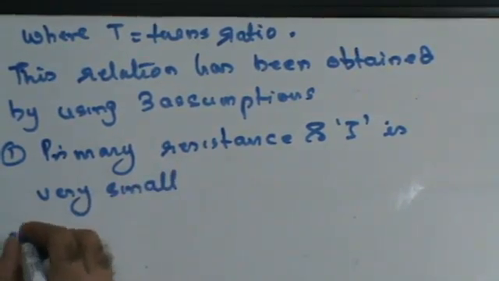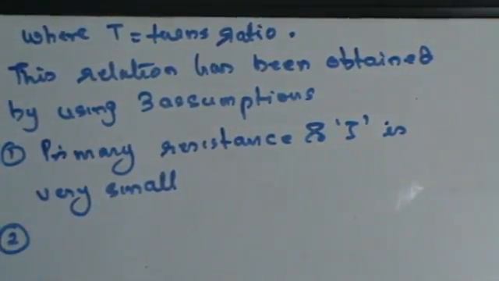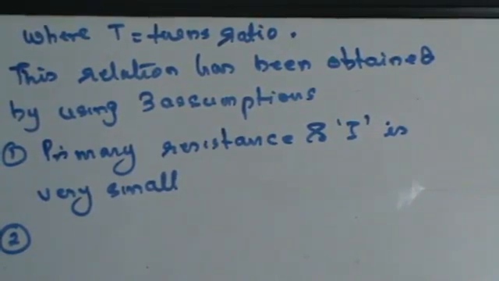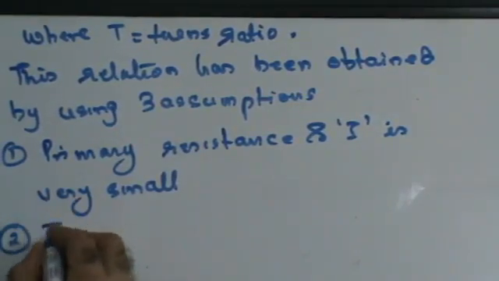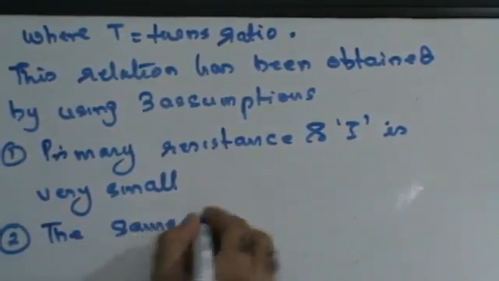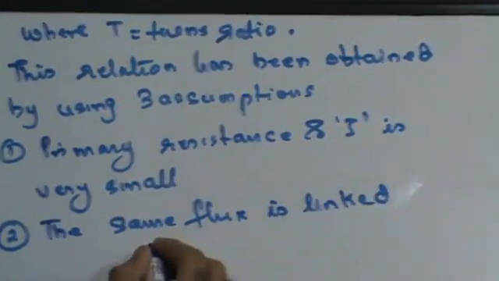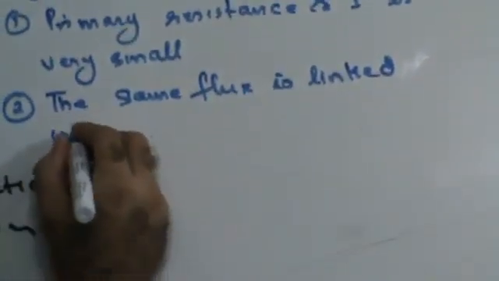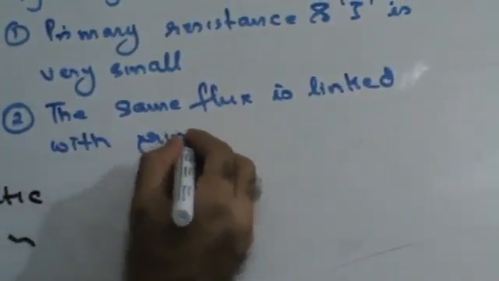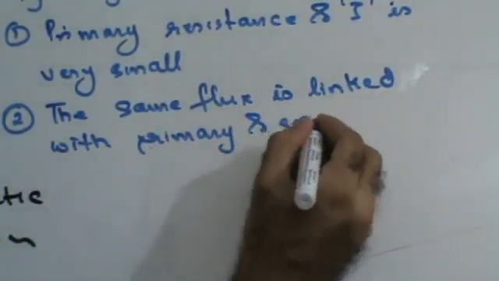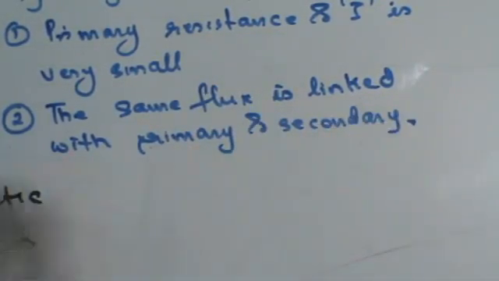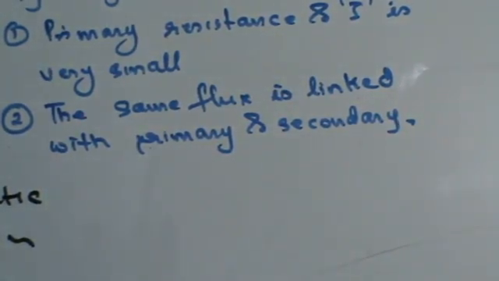That is the reason why the EMF induced in the primary is equal to the voltage applied across the primary. Two, the same flux is linked with primary and secondary, meaning that there is no loss of flux. Very little flux escapes the core and the entire flux produced in the primary goes into the secondary.